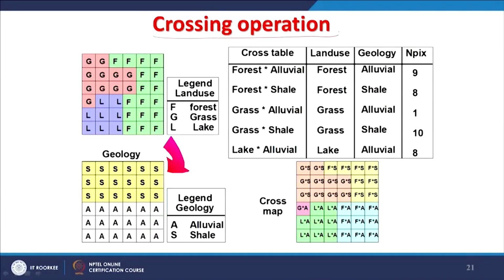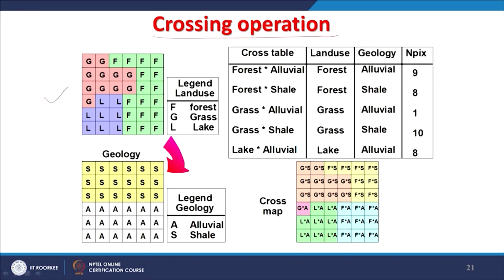Now, here we also have what we call a cross table or cross operations, where we can again create a cross map. Basically, it is through the table, and then using the cross table attributes, we can reclassify our map as done in this case.